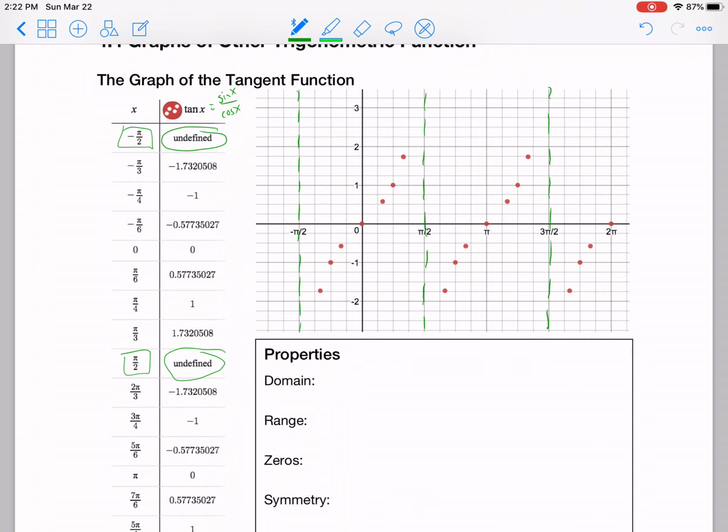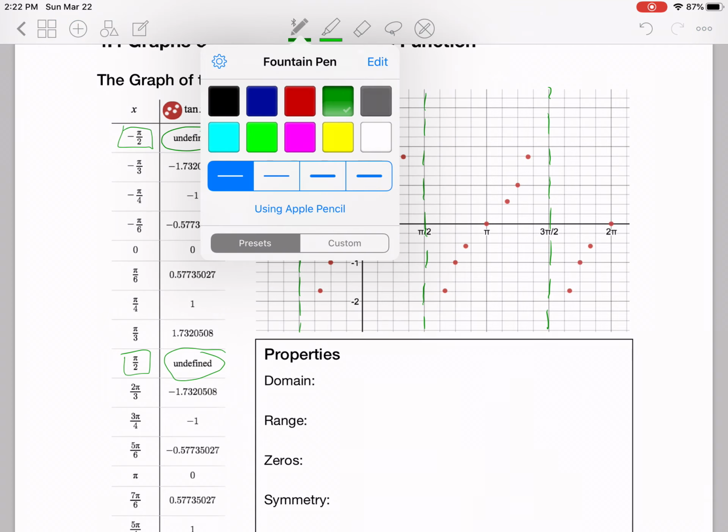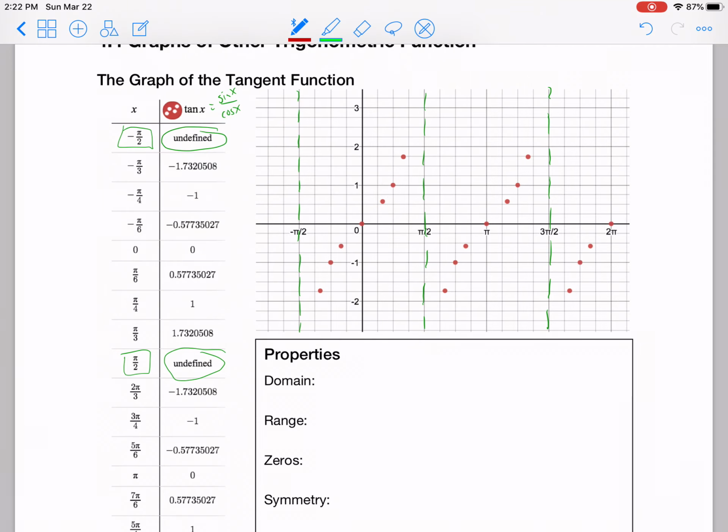If you look at the other points, you can see we get a curvy shape there. It curves over toward but not crossing that asymptote, and then it curves back this way toward but not crossing. And it repeats between these asymptotes just like this.